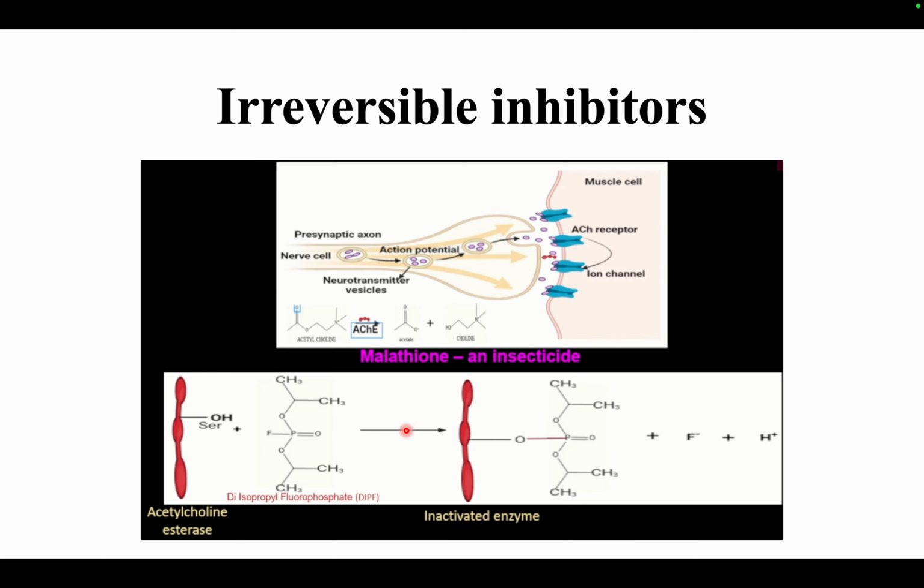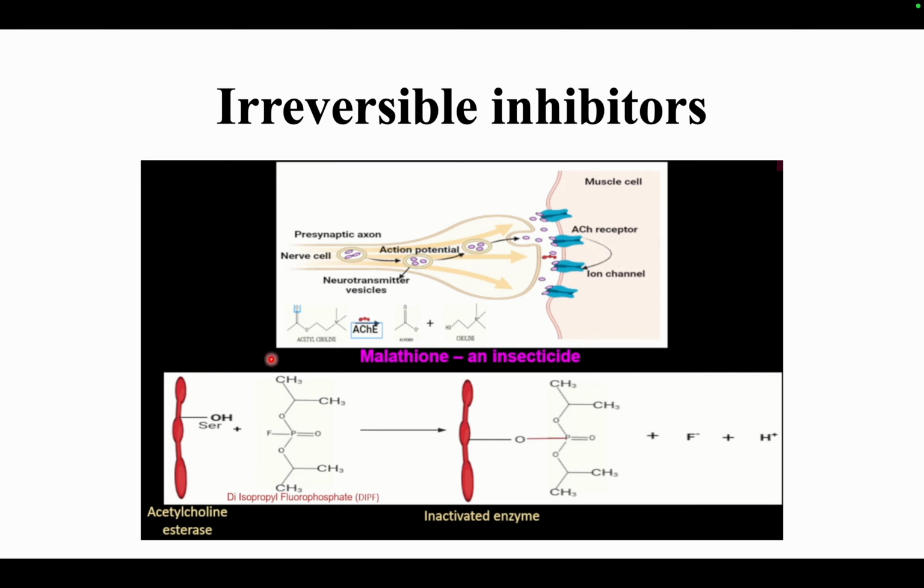So this is an example of DFP inhibiting acetylcholinesterase. As you can see, we have acetylcholine receptors, and these purple molecules are the acetylcholine molecules. What is the function of acetylcholinesterase? It cleaves acetylcholine to acetate and choline.